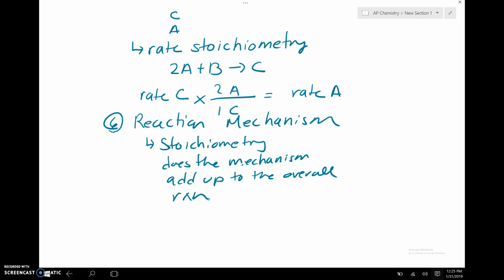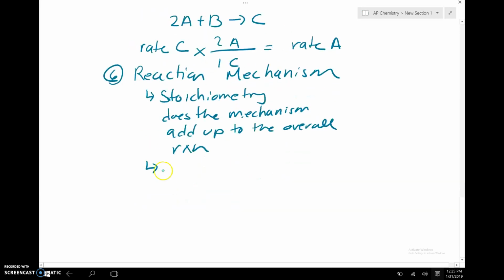So that means you would add up the mechanism and, for example, make sure it matches the equation given, which, like up here, I wrote 2A plus B yields C. The second thing is you're going to check the rate law.